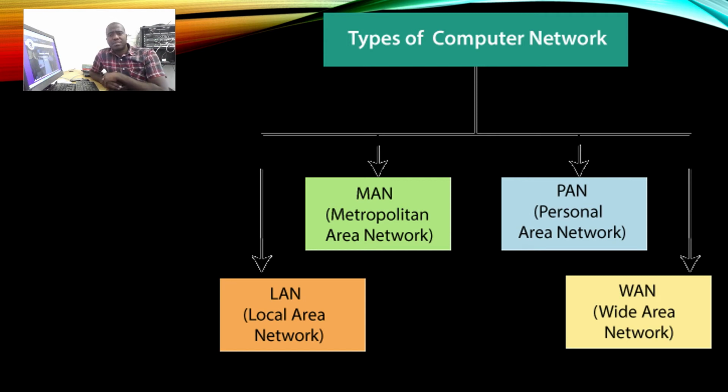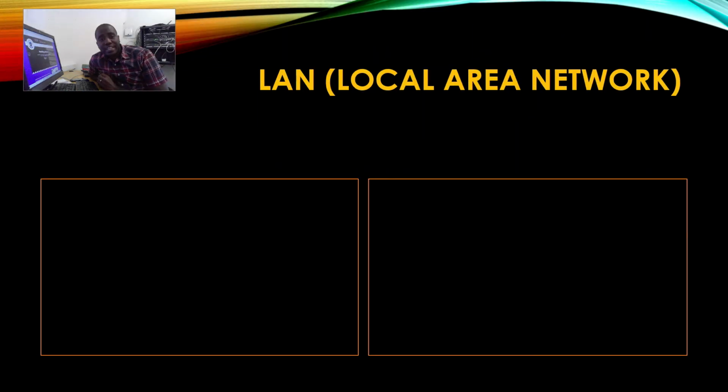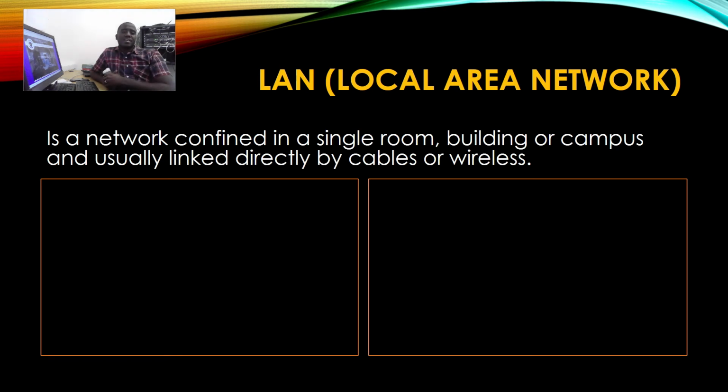Now let's talk about the first one, the local area network. A local area network is a network confined in a single room, building, or campus, and usually linked directly by cables or sometimes wireless.